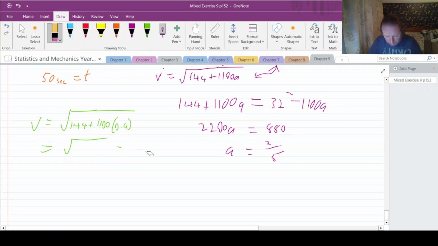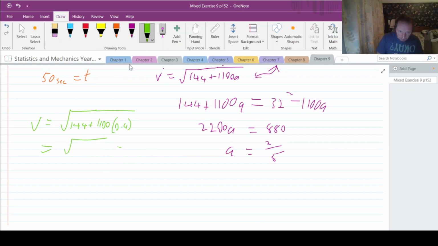So 1100 times 0.4 is 440, plus 144 is 584. So it should be the square root of 584, which is 24.166. Okay.